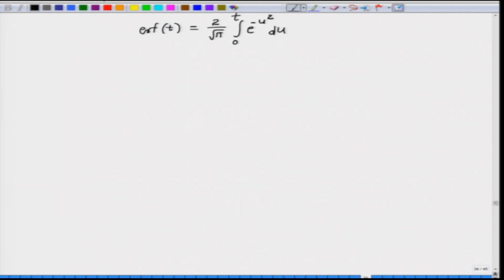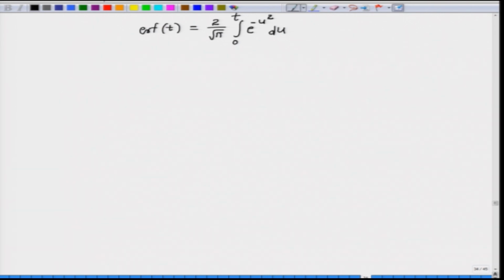So, this is the integral over the limit 0 to t of e to the power minus u square du, and it is multiplied by the factor 2 over root pi. This is the normalizing factor, so that the error function of infinity turns out to be unity, and this is an important function. Many of the solutions will have this error function form.